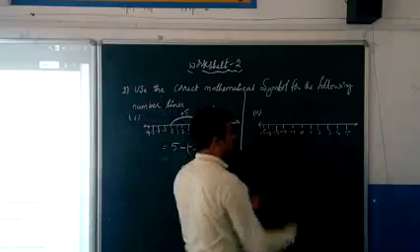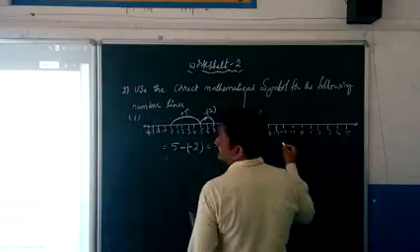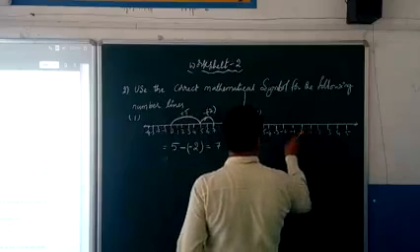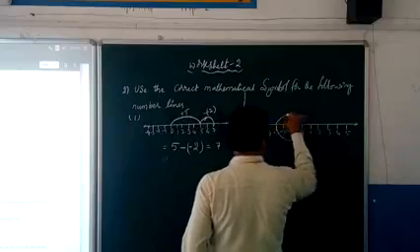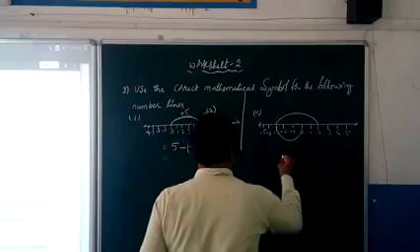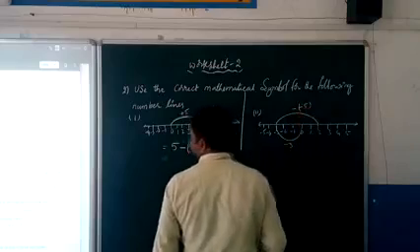So, this is your mathematical symbol, and this can be written as 5 minus minus 2 is 7. And for the second problem, it is given like this: minus 3 minus of minus 5.